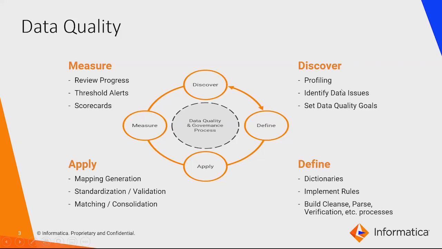So based on the data discovery, you will have those data quality identification, and then you would want to define your data quality rules, like by implementing certain dictionaries, certain rule specifications that you want to do the data cleansing. Those are the different data quality assets, and you can build those data quality rules on that.